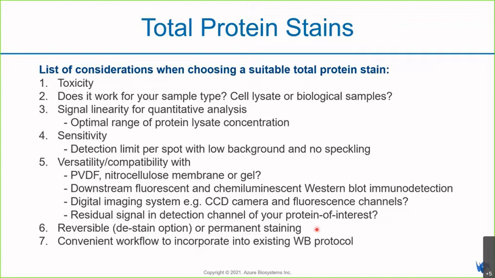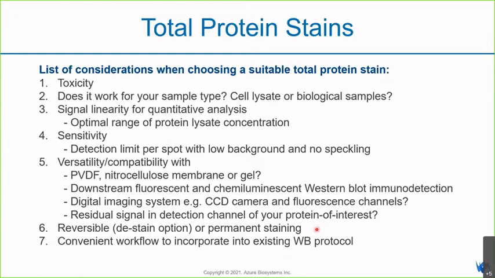Also, you might need to inquire about the necessity of having a reversible or permanent stain in your protocol. If you're talking about a normal Western blotting to quantify the differences, then you might opt for either reversible or permanent staining. Permanent staining, if you just want to throw the blot, then it's fine.